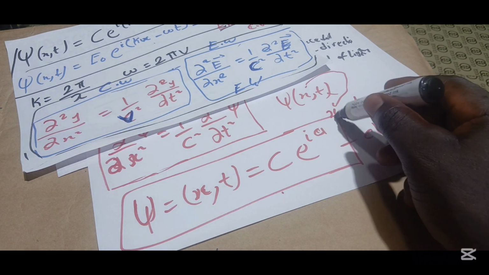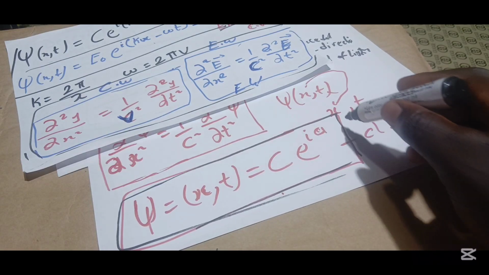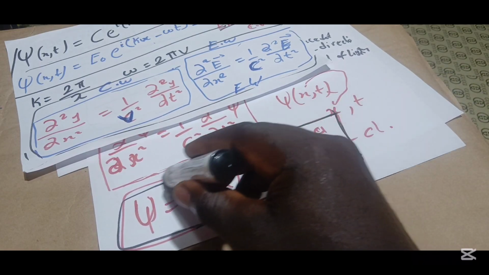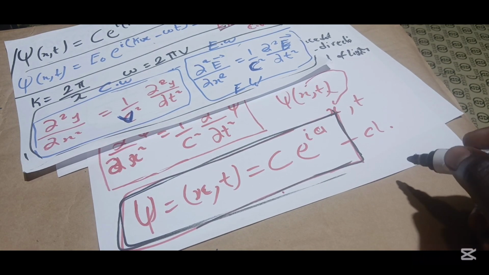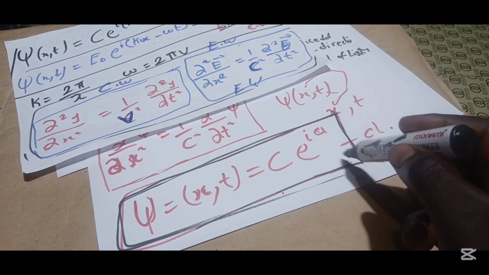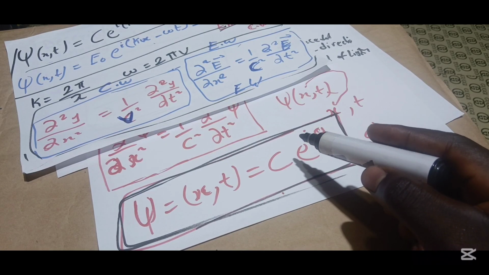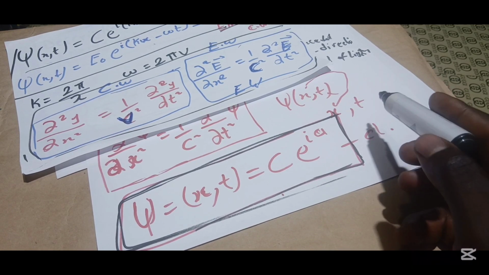So this is why we were looking at those equations. We are now going to stand on this equation to do our major business. So you can keep this wave equation in your head.